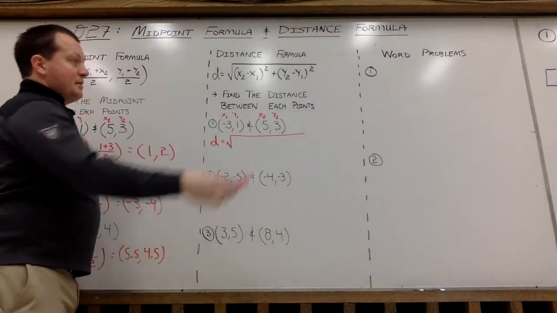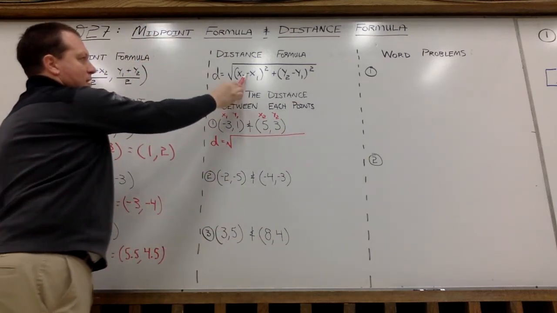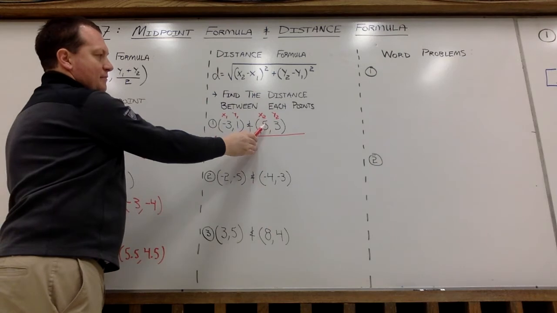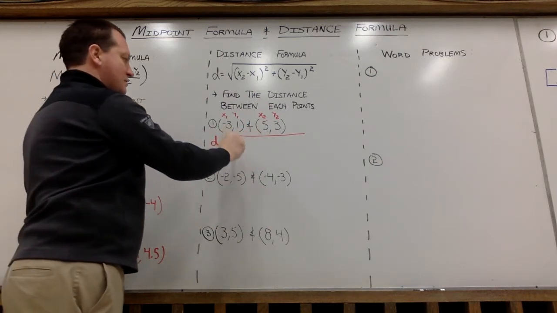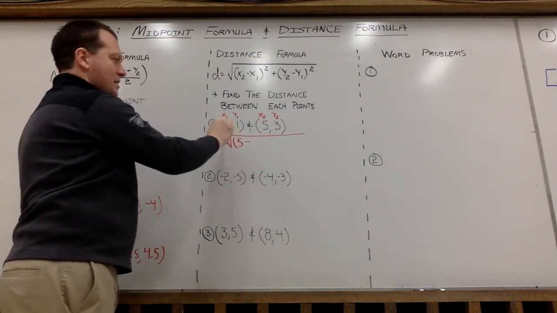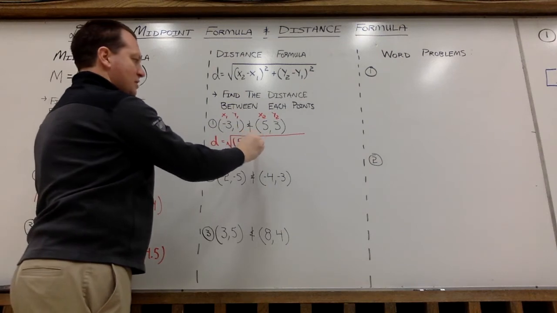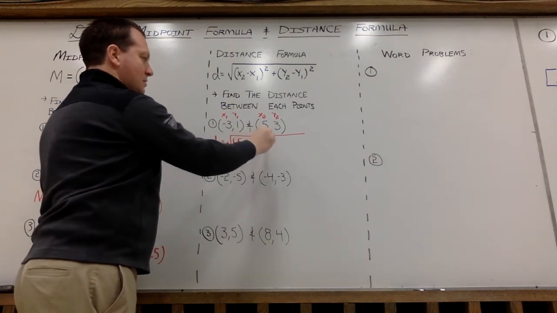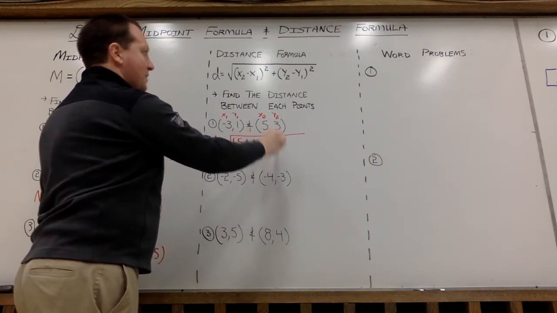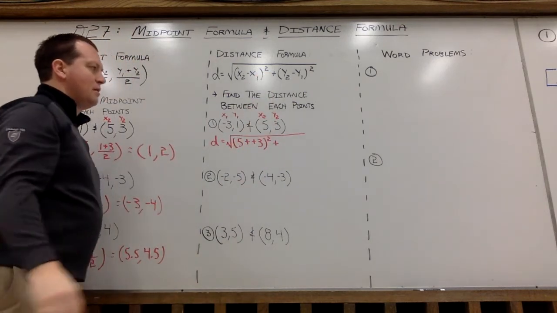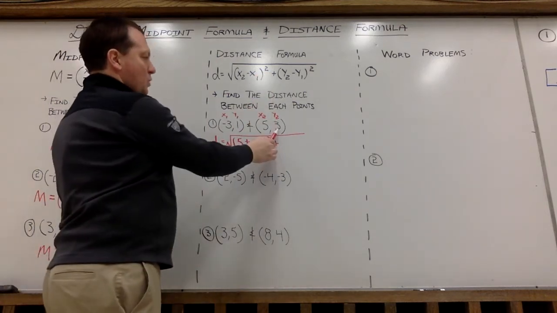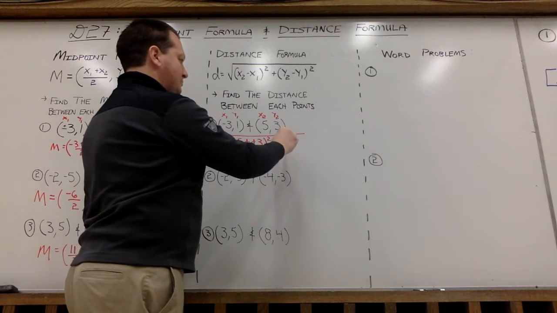So I'm going to take the second x minus the first x. So I'm going to have 5 minus, careful, negative 3. So that'll become 5 plus 3. I will square that and then add it to the difference of my y's, y2 minus y1.